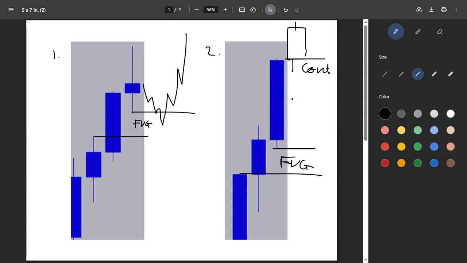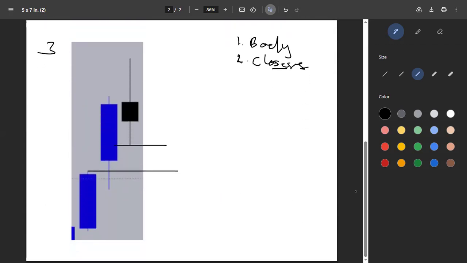The only fair value gap that works is when the third candle is small. The body of the candle is small. That's where we see most of the time price coming towards the fair value gap and then boom. But we have the third scenario where we may have a small body, but we have a weak-to-weak closure, okay?